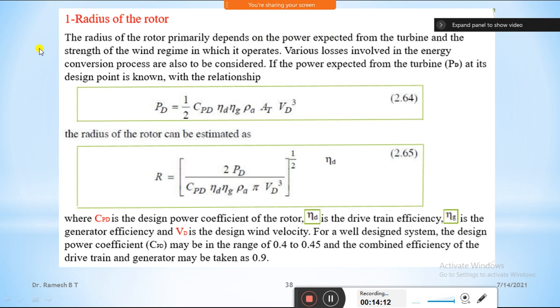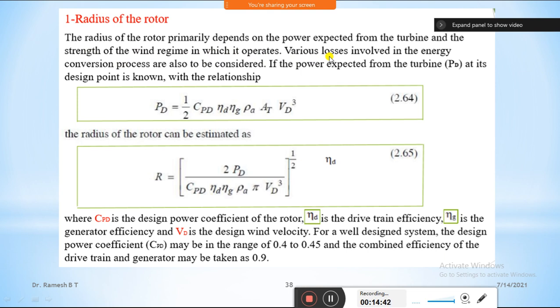And the next is the radius of the rotor. We just discussed the radius of the rotor. The radius of the rotor primarily depends on the power expected. It is directly related to the power expected from the turbine, along with the high strength of the wind it operates in and the various losses involved in the energy conversion process, which also have to be considered.